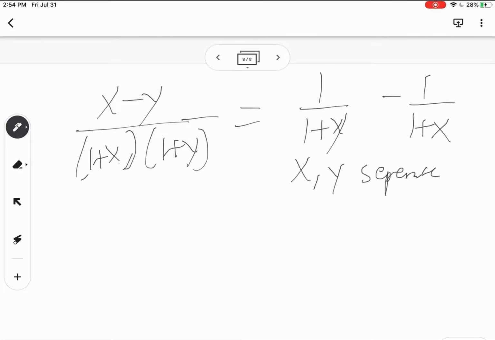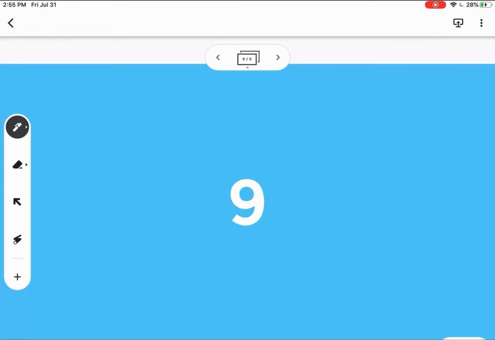Another thing to note is that we can change our variables from x to 1 over (1 plus x), because 1 over (1 plus x) is greater than 0 and less than 1.